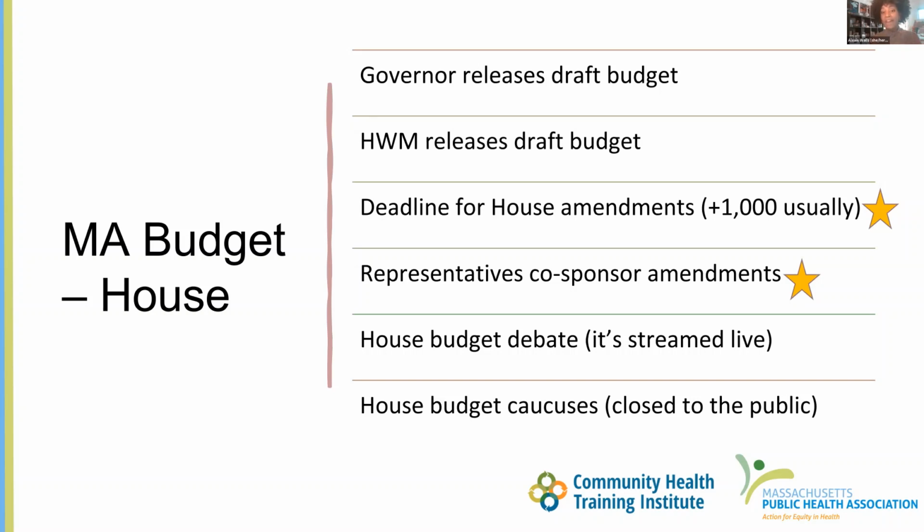So we have the deadline for amendments, and that deadline comes first. Usually there are over 1,000 amendments, so a ton of amendments that legislators are filing. And then after that is when representatives co-sponsor amendments. An amendment has to be filed before anyone co-sponsors. If you remember from what we talked about earlier, to co-sponsor is essentially to sign on in support of.